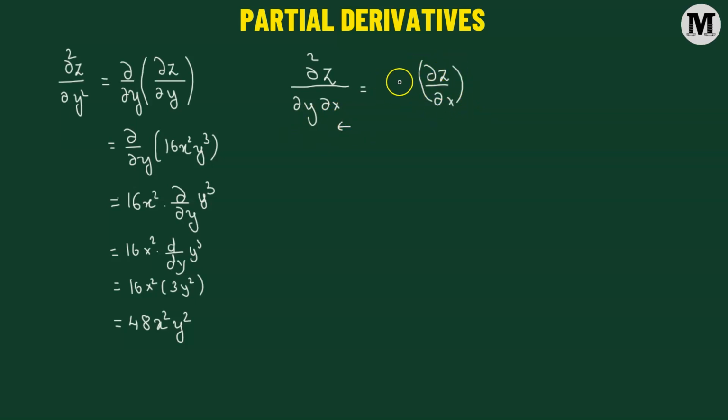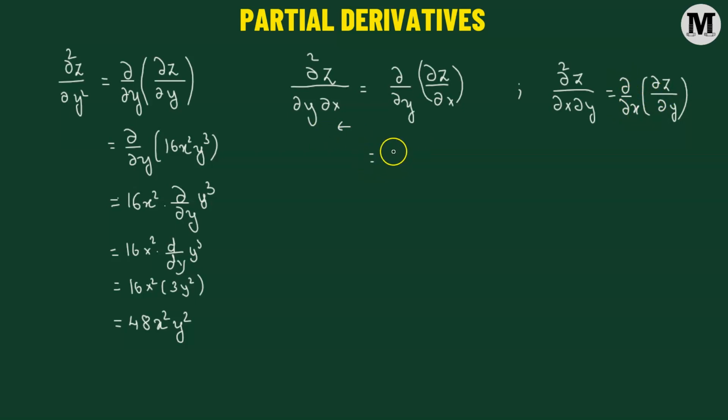It is always from right to left. Once we obtain that result, we take the partial derivative with respect to y. In the other case, the second partial derivative of z with respect to y followed by with respect to x, we first take the partial of z with respect to y, and whatever answer we obtain, we take its partial derivative with respect to x.